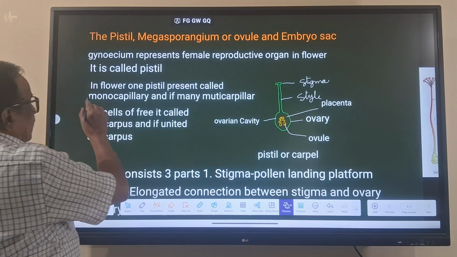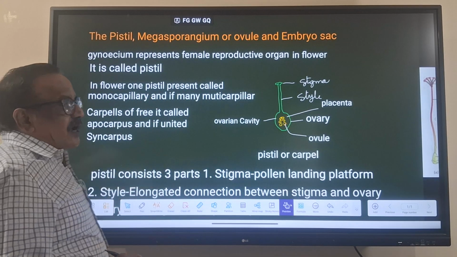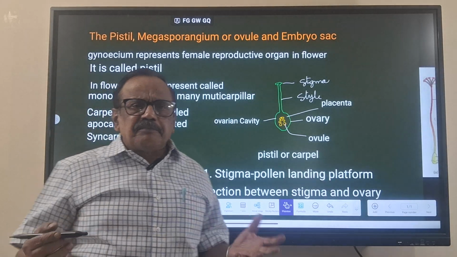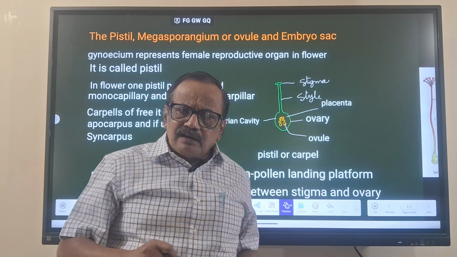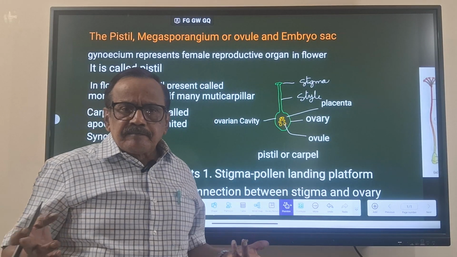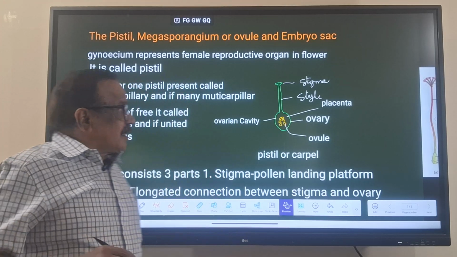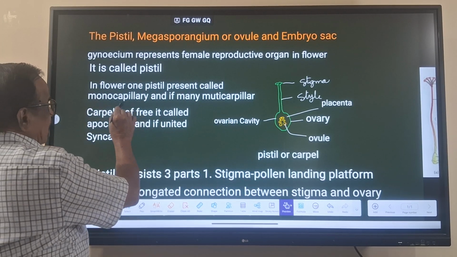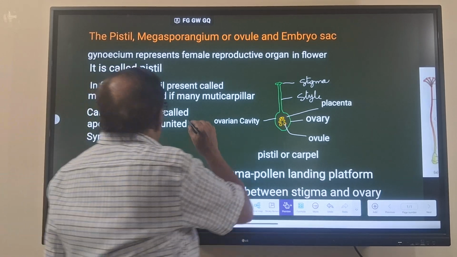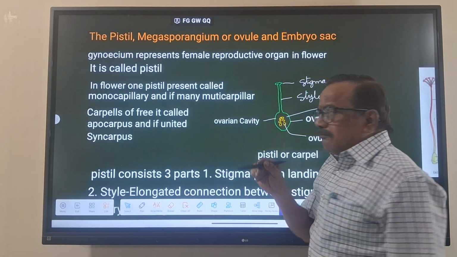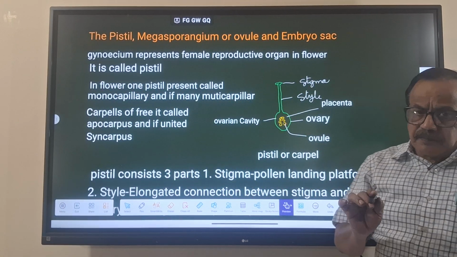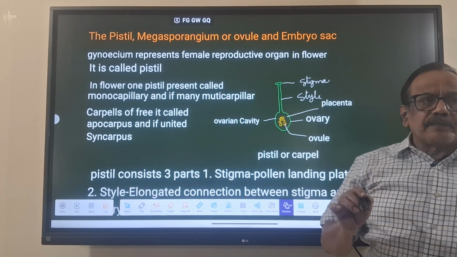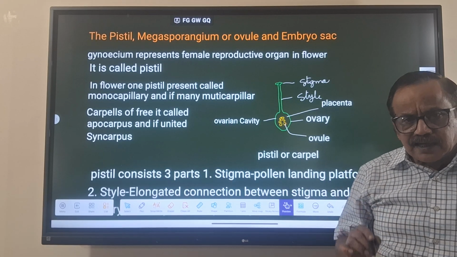Now you see here, flowers may have one pistil or many. If it has one pistil, it is called monocarpellary, and if it has many, multicarpellary. Monocarpellary means one pistil; multicarpellary means many pistils present on the thalamus.